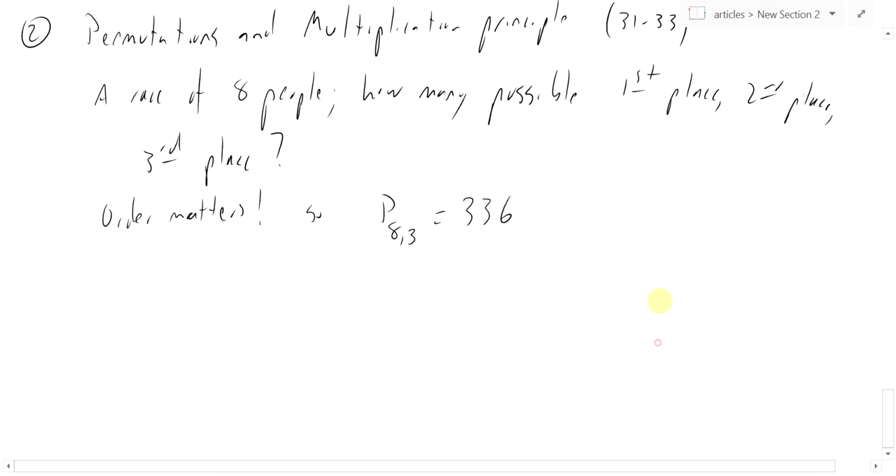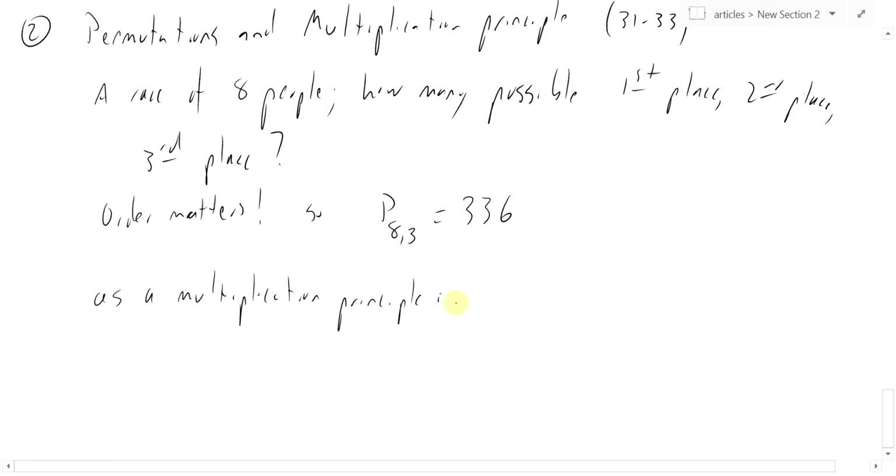Or you can just do it as a multiplication principle. First place, second place, third place. You can pick a first place winner, 8 possibilities. Pick a second place winner, you've already picked 1, so there's 7 possibilities. Pick a third place winner, there's 6. If you multiply those together, you get 336.